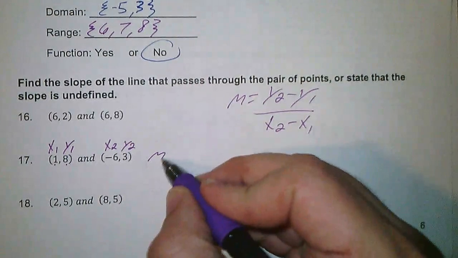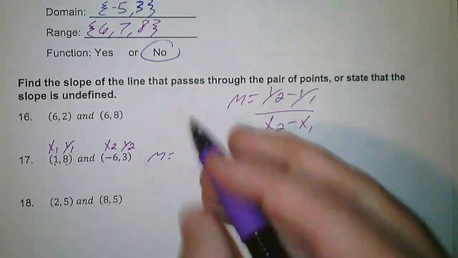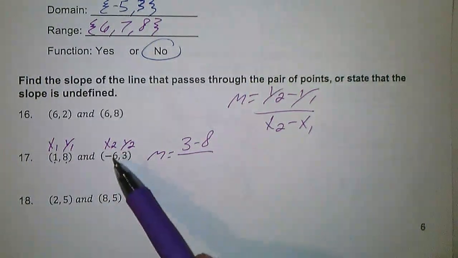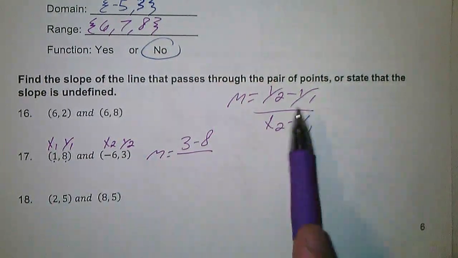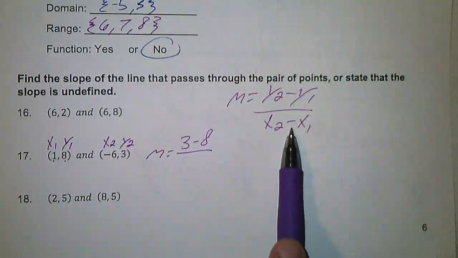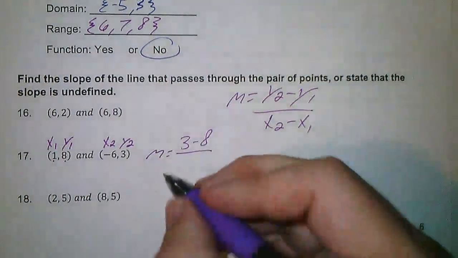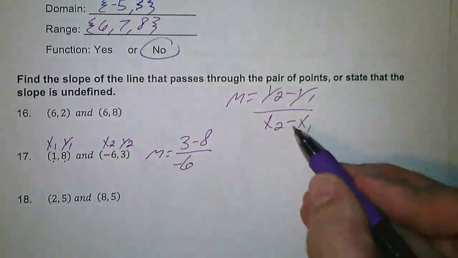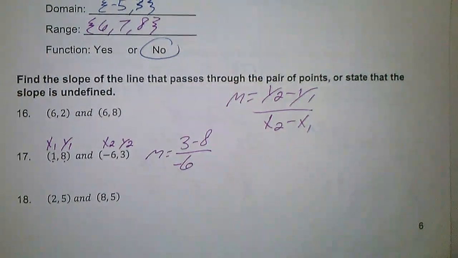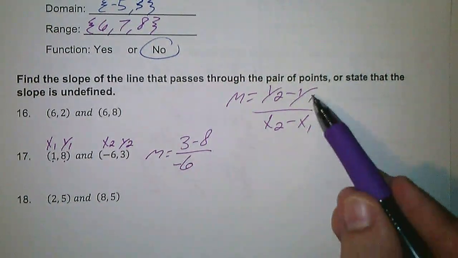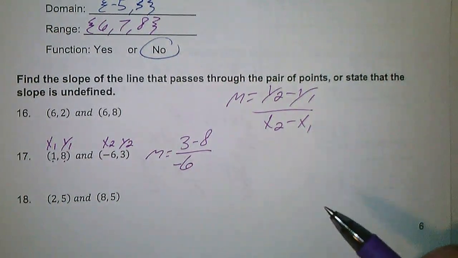So the slope is y2 minus y1, that's 3 minus 8, over x2 minus x1. So again, it's a minus in the formula. Our x2 value is negative. Oh, well, that doesn't change anything. But just do minus a negative if you have a negative y or x1 value.